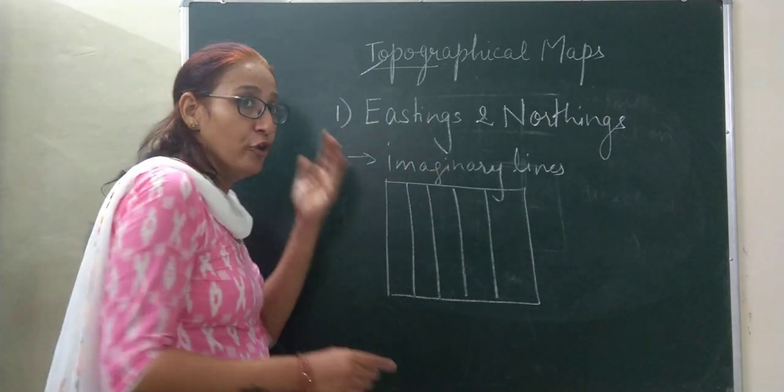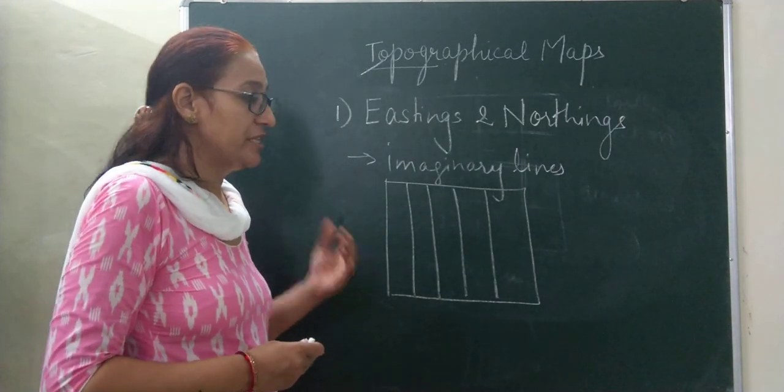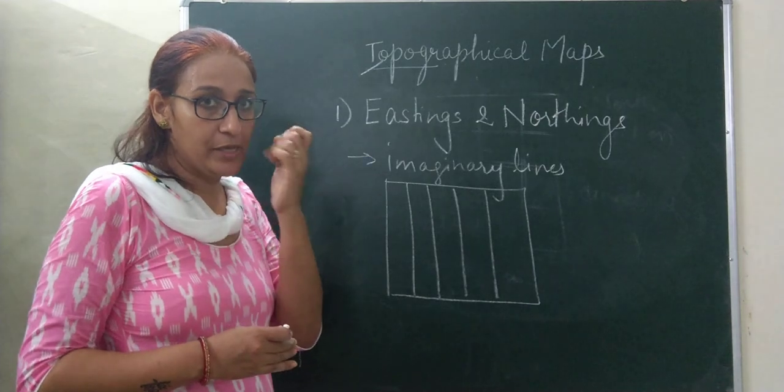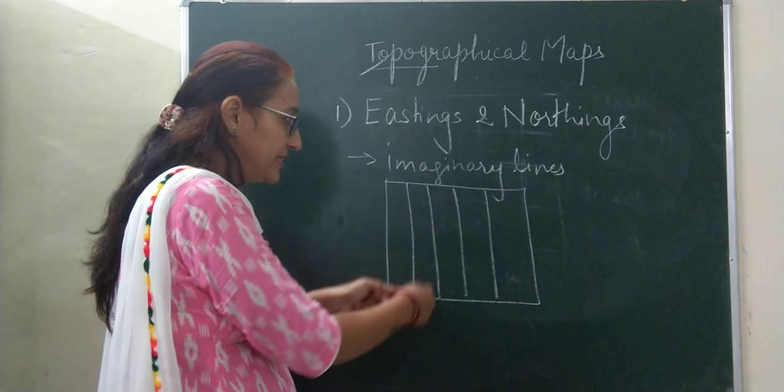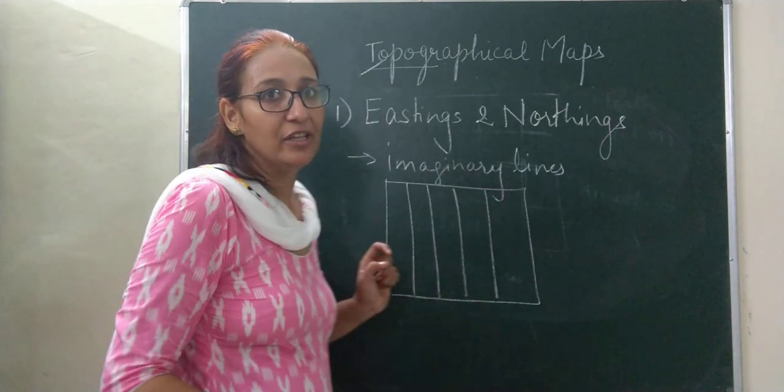And if you check these topographical maps in your book, you will find these standing lines and a number is indicated with each line.